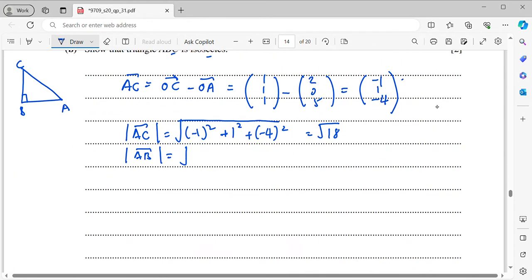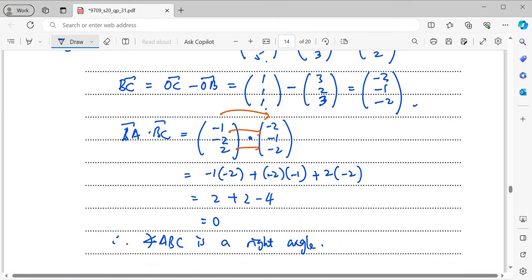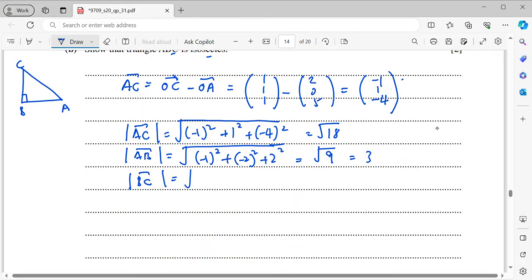So here it is minus 1 squared plus minus 2 squared plus 2 squared, which is square root 9. Then I will get 3. Same for the length of BC. Vector BC we have found as minus 2, minus 1, minus 2. So take the magnitude, and again you get square root 9, which is 3.